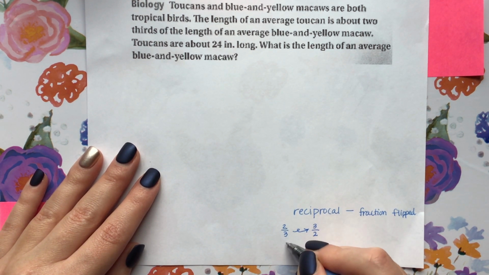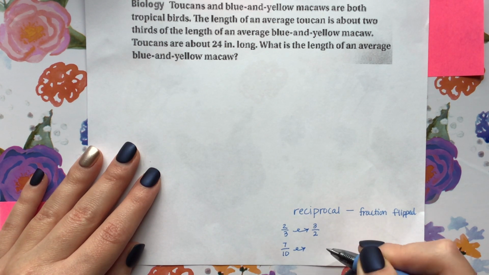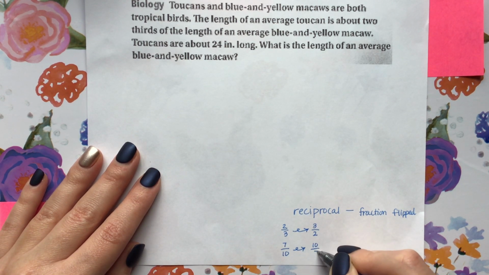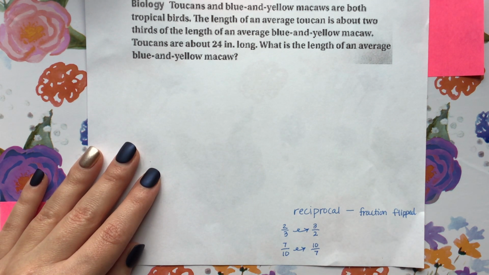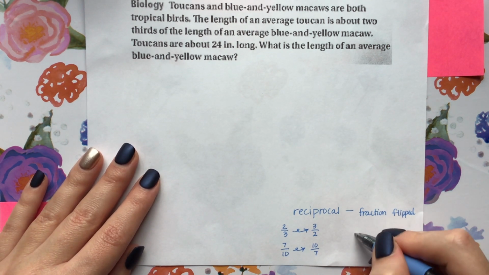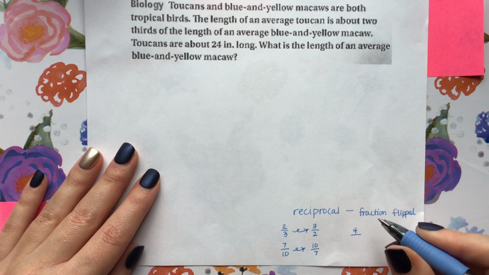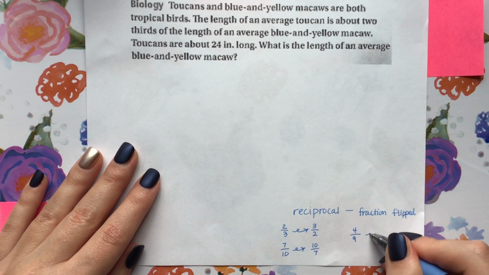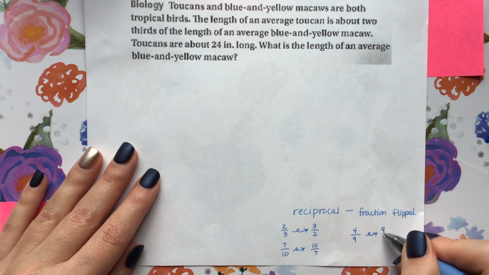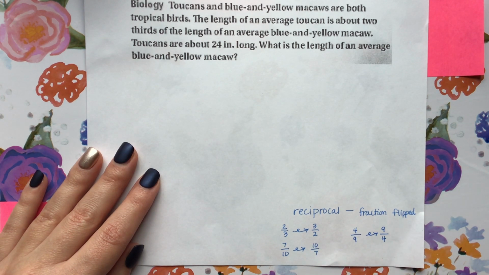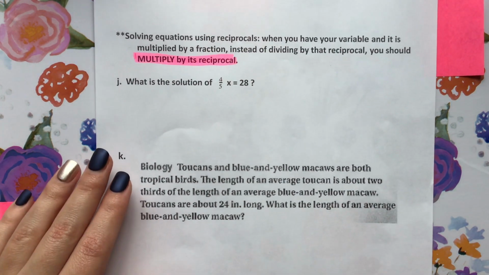If I have the fraction 7/10, its reciprocal is 10/7. If I have the fraction 4/9, its reciprocal is 9/4. Whatever you have, flip it upside down. The reciprocal is going to be very valuable all throughout algebra.